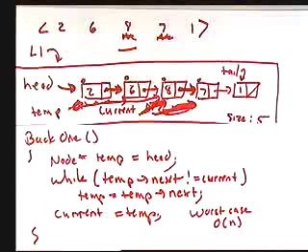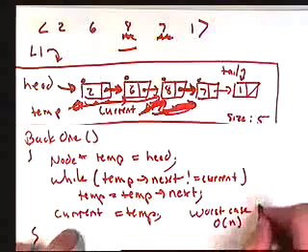Because if we're at the last node, then the one behind it is the one before last. So that would be basically going through the entire list. So in the worst case, we'll have to start at the beginning and traverse through almost the entire list, and that'll be linear time. As the list grows, the time for that operation would grow. And even on the average case, the same thing would apply.